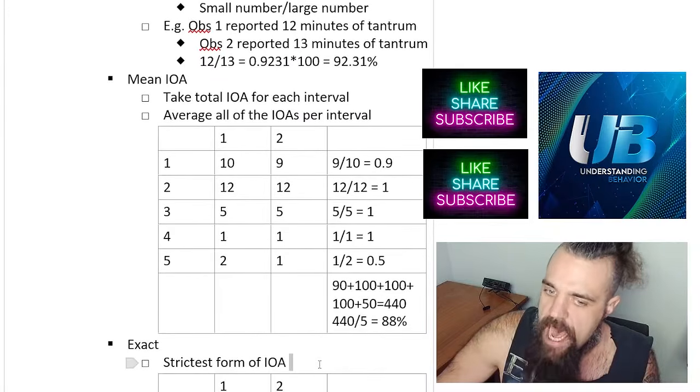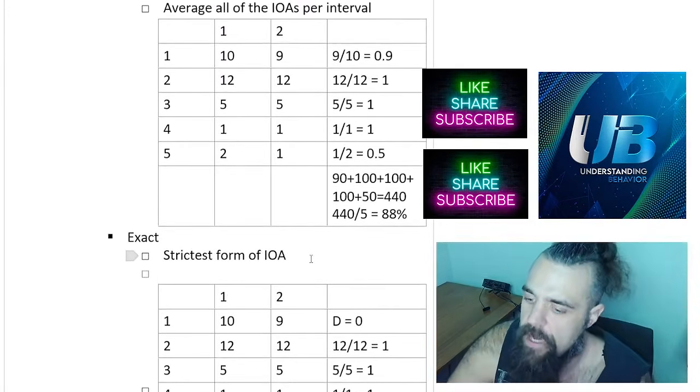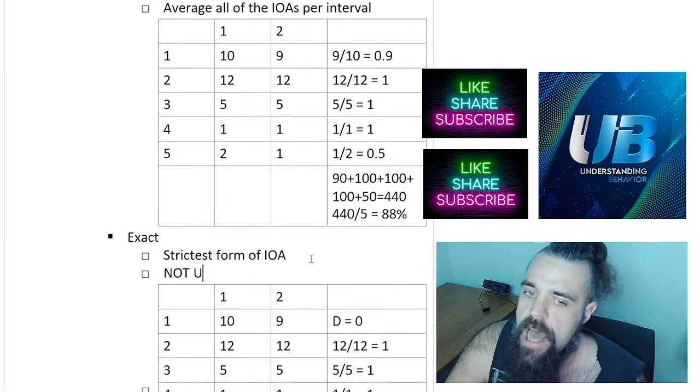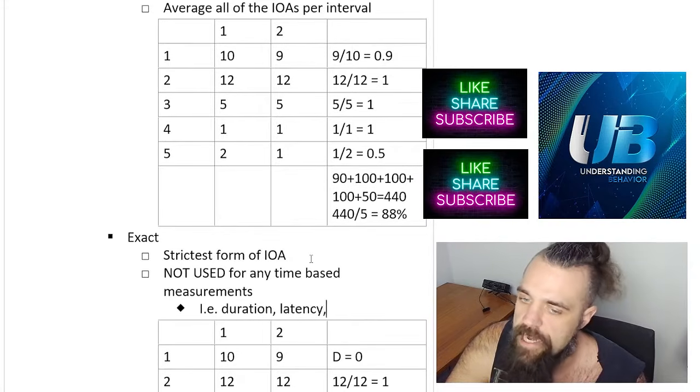A couple more details to add about exact IOA is that this is not used for any time-based measurements. For example, this is going to be duration, latency, and IRT.